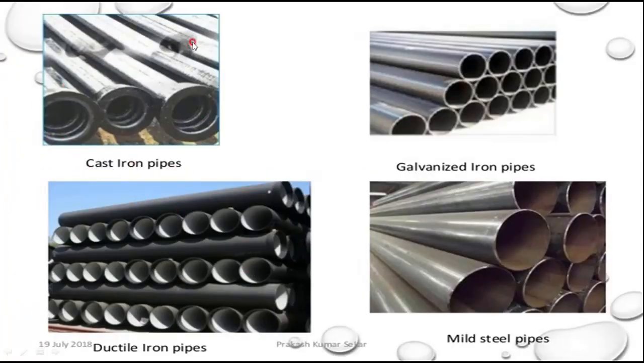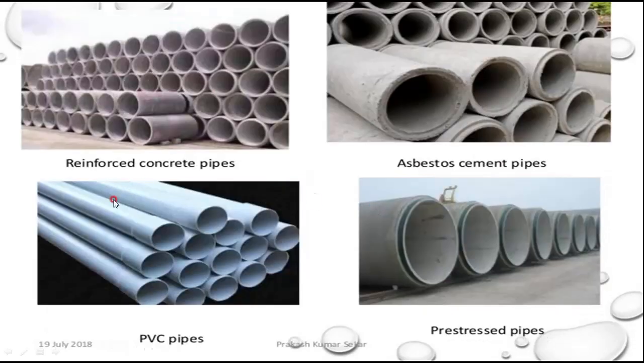Then you can see the figures here: cast iron pipes, this is a galvanized iron pipe, this is a ductile iron pipe, and this is a mild steel pipe. Inside and outside you will see without coating. Understood? Here reinforced concrete pipes, this is an RCC pipe, and asbestos cement pipes, this is a cement pipe, PVC plastic pipes, and this is a pre-stressed pipe.